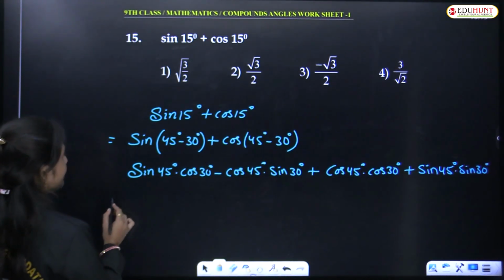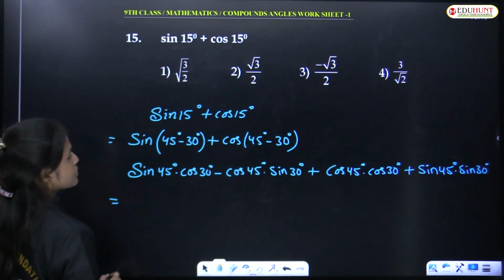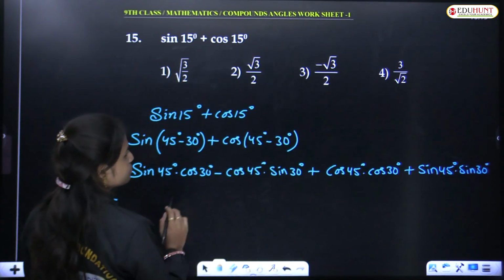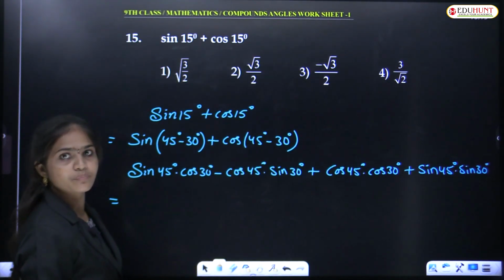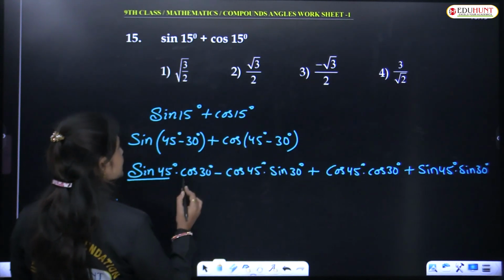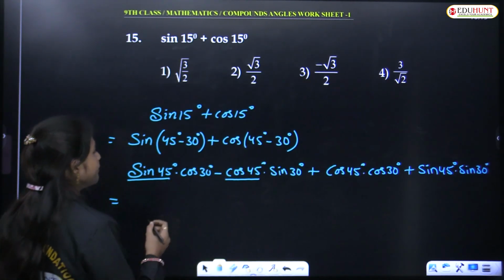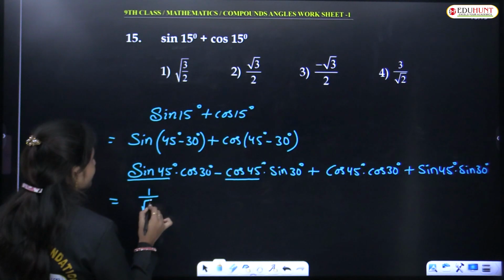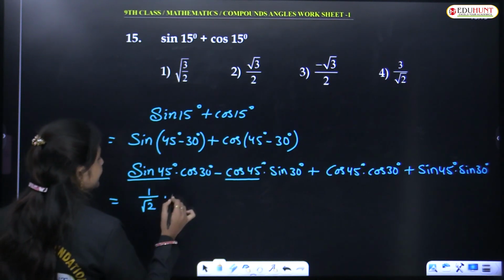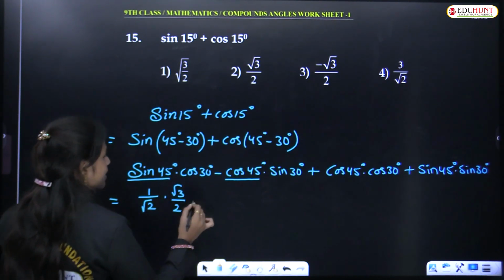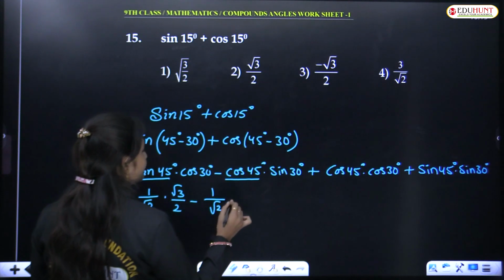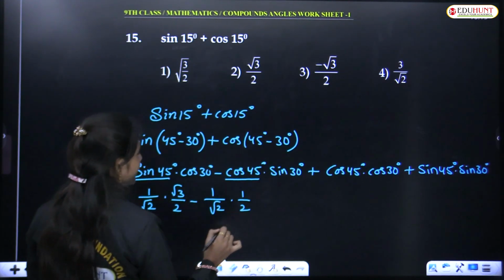Now we have to write these values here. Sin 45 and cos 45, those two values are the same, we know that, right? What is that? 1 by root 2 into cos 30 degrees, which is root 3 by 2, minus 1 by root 2 into sin 30 degrees, which is 1 by 2.